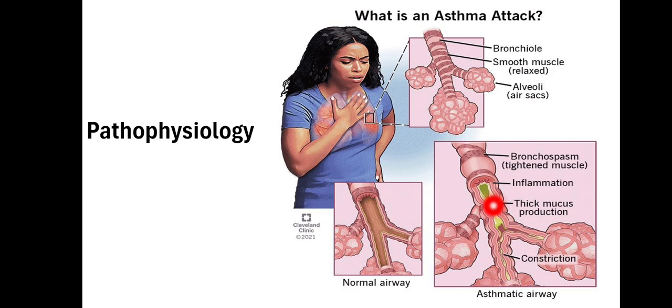The mucus production occurs because of the inflammation process, and the inflammation process occurs because of the triggers, like cold weather, dust, or someone being allergic to some kind of salt. All of those are triggers and risk factors, or rather the causes of asthma. So they are more likely to lead to this final result that we can have here.